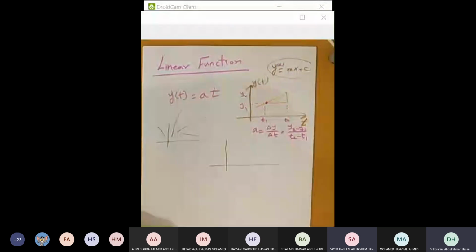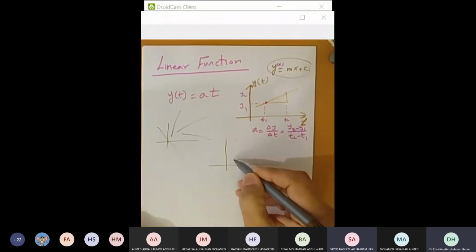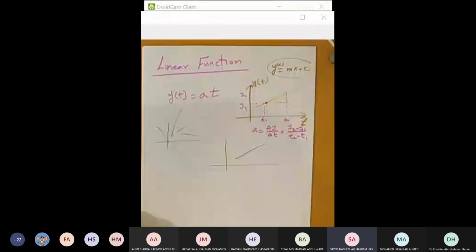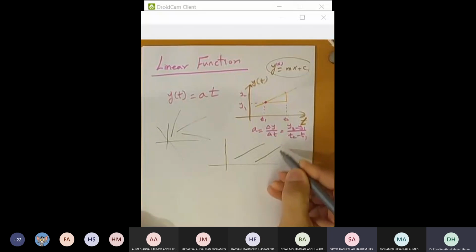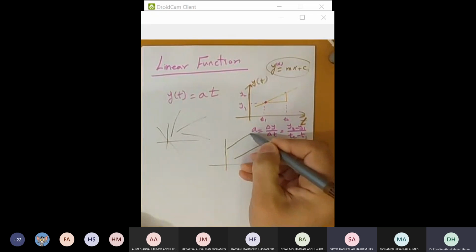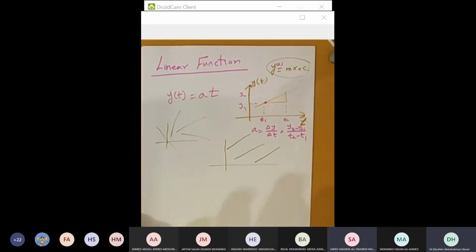A line with a slope equal to 1 means this. Okay, but this line also has a slope equal to 1. This one also is equal to 1. Again, it is not enough information to have a specific function.